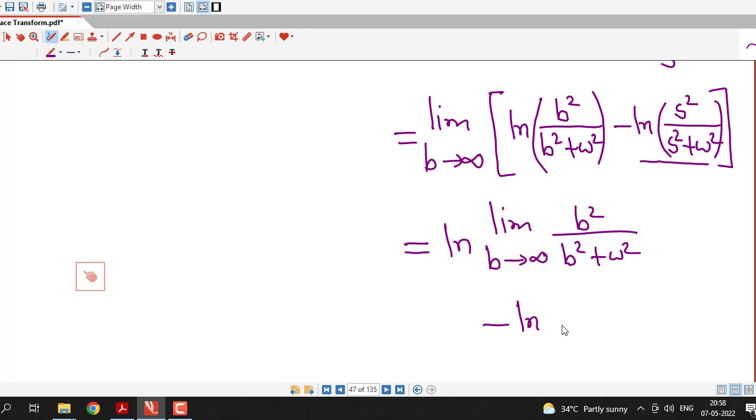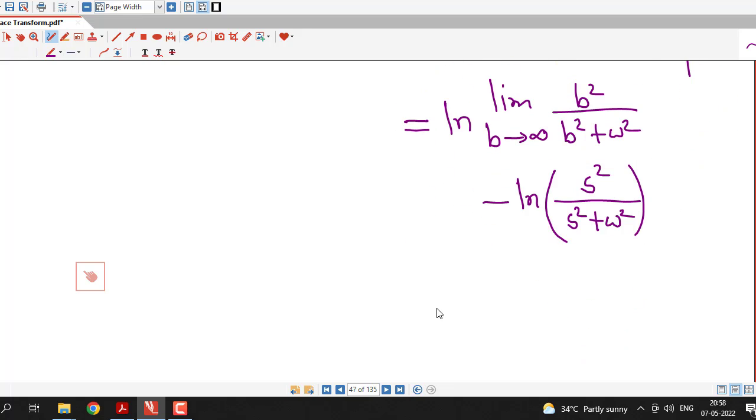Therefore its limit is the function itself, because it is independent of b. Now how do we find this limit?